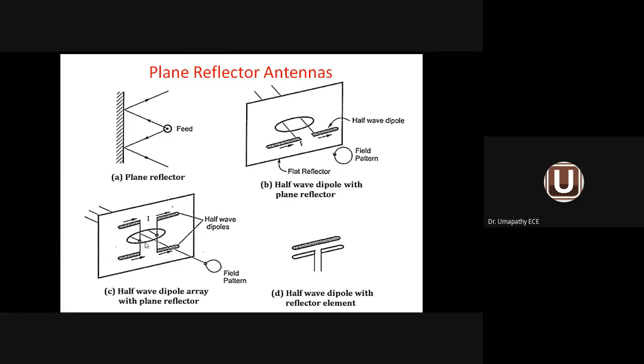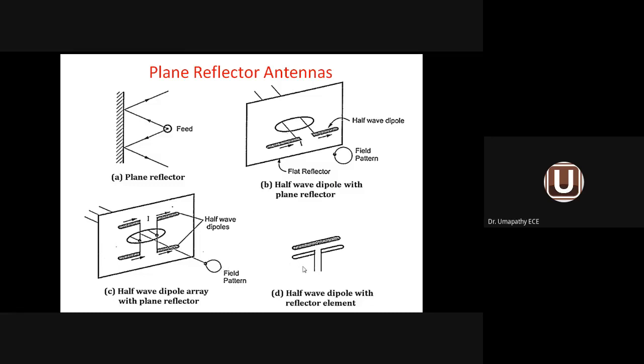There is an aperture opening. Through the opening, a transmission line is available. Through the transmission line, it is feeding the dipole. And the flat reflector is available in front of the dipole, by which we are able to get the radiation pattern in the other direction.